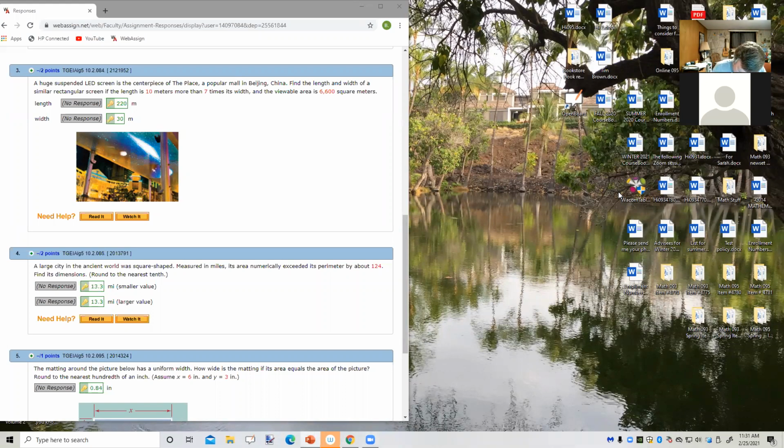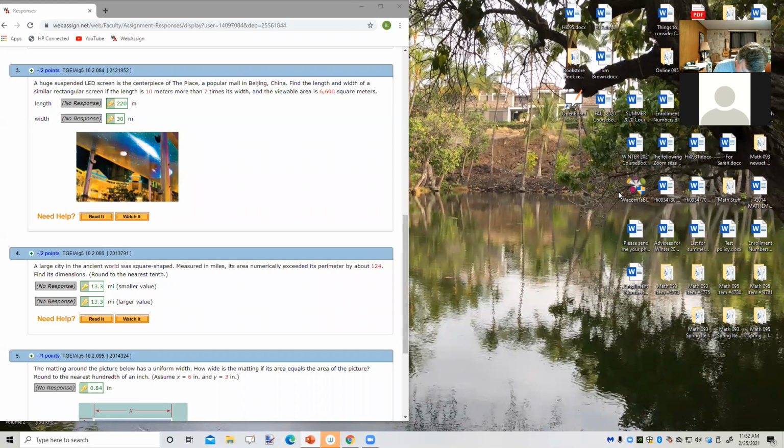Okay, so we've got a rectangular screen. We know that the area is 6,600 square meters. We know that the length is 10 meters more than 7 times the width.